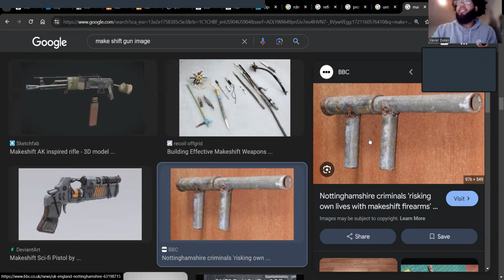You wouldn't classify this as a gun. Probably not. But this is a form of gun. I think it's called a slam stick or slam shotgun. There's a small nail in the back of one of the pipes. You can slam it, and it'll act as a barrel of the gun.